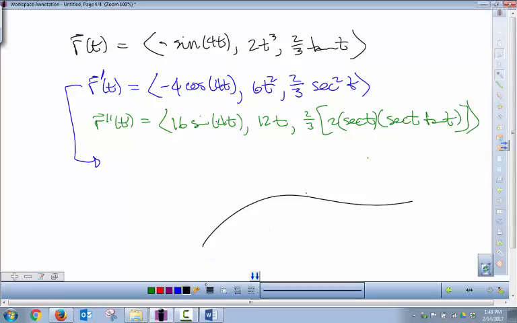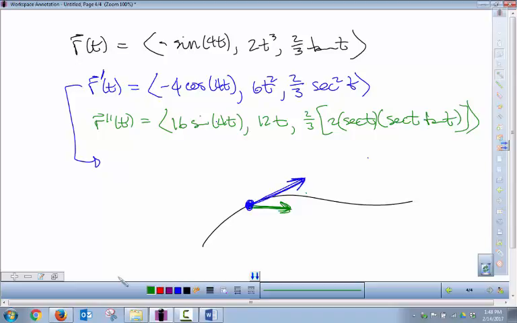So anyways, whatever this thing looks like, we'll actually mimic this with a better graph. So these two vectors, the acceleration vector and the velocity vector, might look something like this.